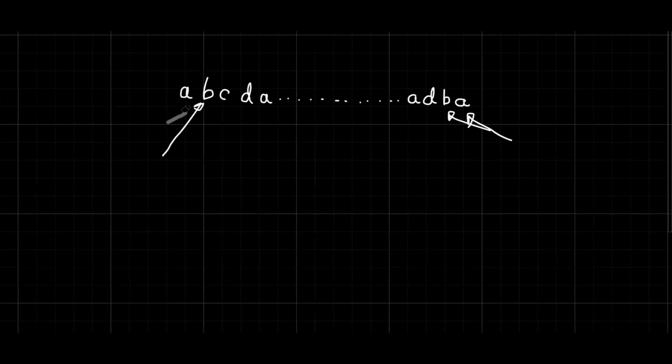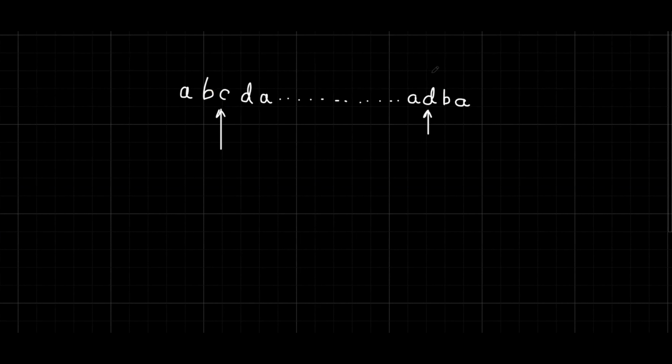So now our start pointer is pointing to this C and our end pointer is pointing to this D. But wait, the value C and the value D are not equal.